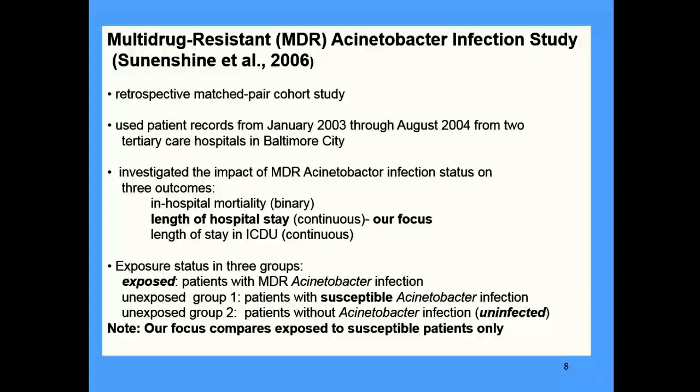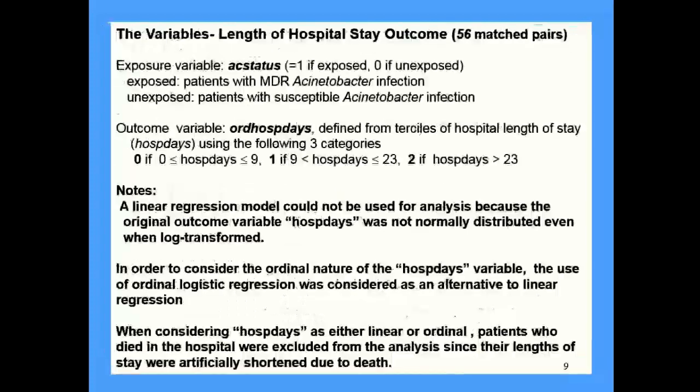Susceptible means that they're not resistant. They could be treated for this infection, and maybe get better. So we're comparing exposed to susceptible. So there are 2 categories of exposure. The exposure variable is 1 for exposed, 0 for unexposed. Exposed were resistant, the unexposed were susceptible.